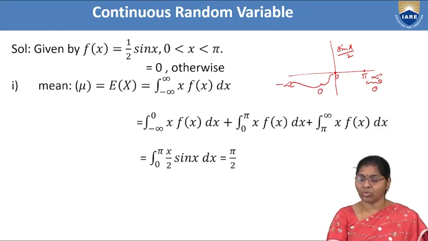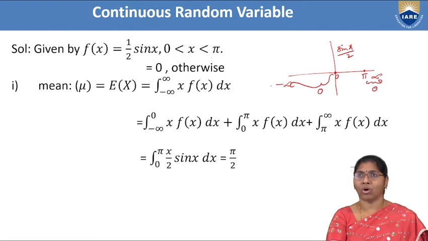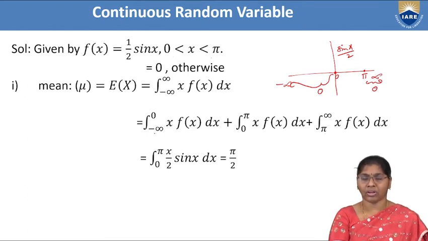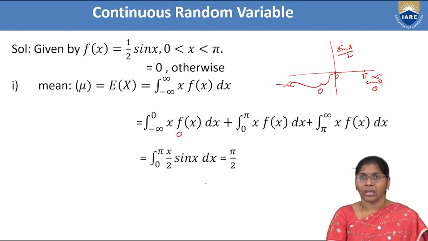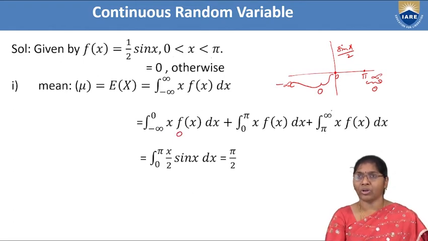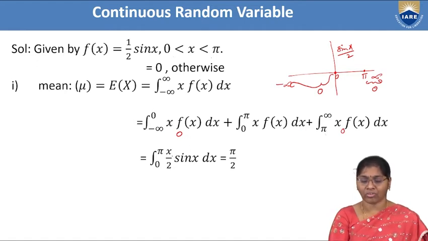That's why we are choosing the 0 to pi term, and the integral minus infinity to 0 and the integral pi to infinity terms are 0. What about the remaining? That is 0 to pi of x f of x dx. x is as it is, and f of x is nothing but 1 by 2 sin x.